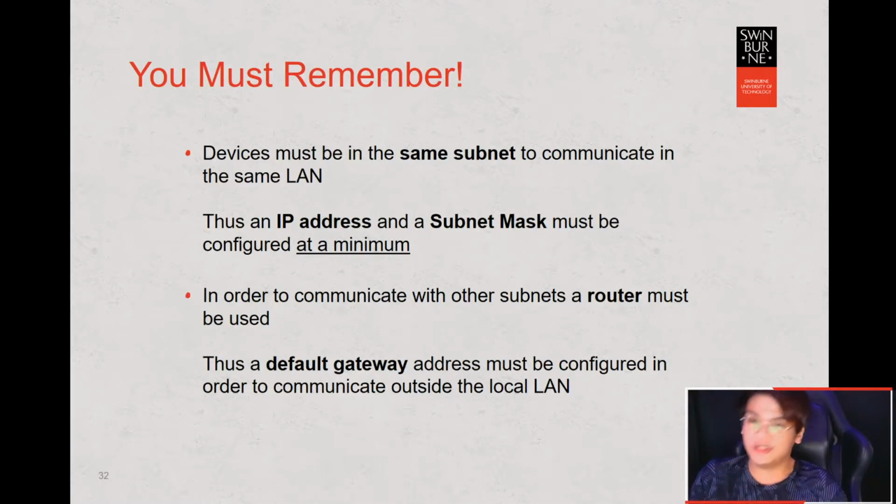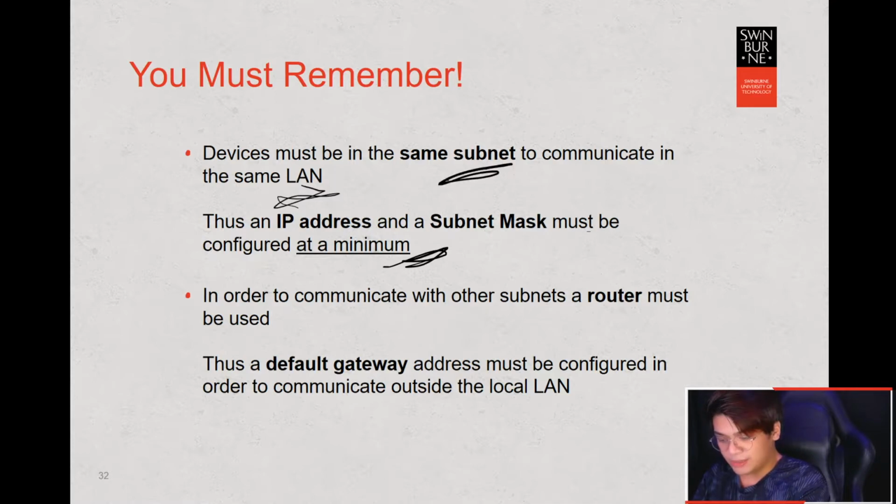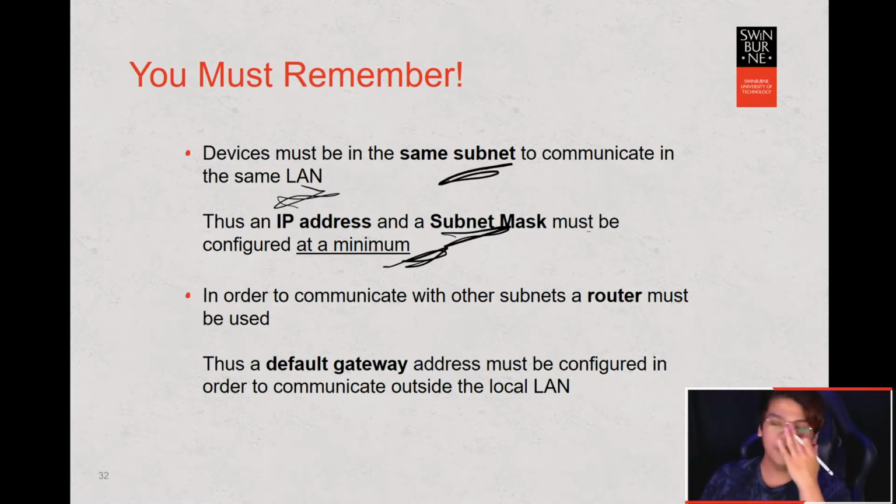You need to remember that devices must be in the same subnet to communicate in the same LAN. Thus an IP address and a subnet mask must be configured at a minimum. The IP addresses in the same LAN must be in the same subnet, so make sure the subnet mask is also correct before they can communicate with each other.